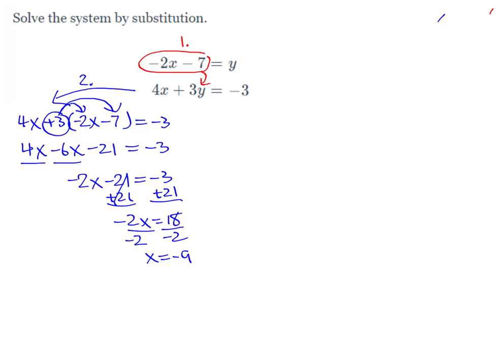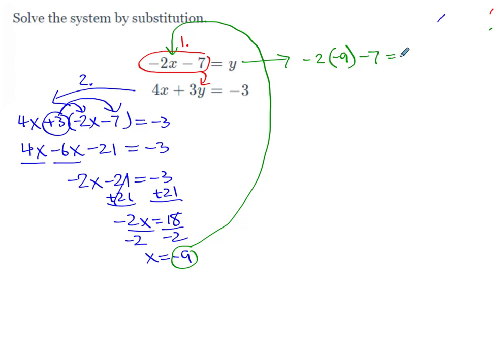After that, I'm going to take that value of x, which is negative 9, and substitute it into the top equation, just because it looks like an easier equation. But again, when you get to this last step where you're finding the second variable, it's whatever you want, top or bottom. So now I have negative 2, parentheses, in goes negative 9, minus 7 is equal to y.